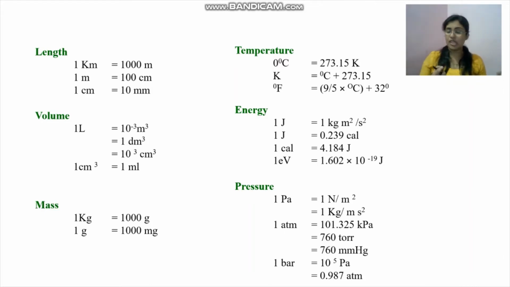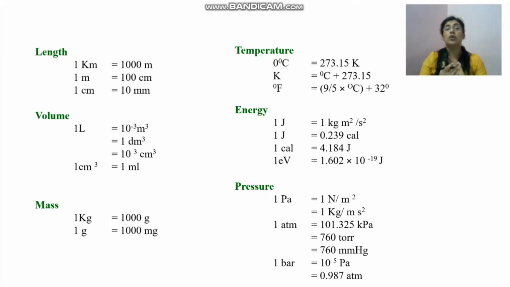Now coming to the volume part, 1 liter is 10 raised to minus 3 meter cube. 1 liter is 1000 ml, and if you're converting to meter cube, 1 liter is 10 raised to minus 3 meter cube. 1 liter is also equal to 1 decimeter cube, and it is equal to 10 raised to 3 centimeter cube.